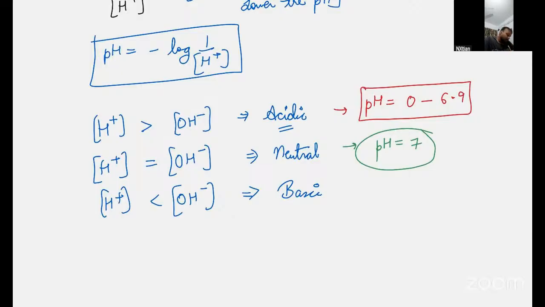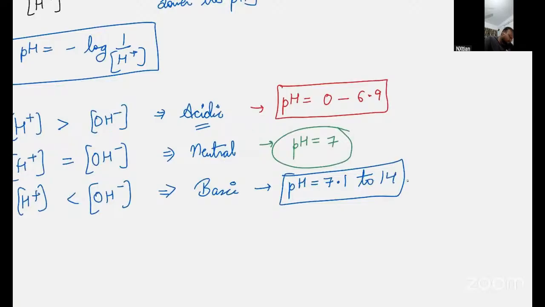In the same way, if I talk about the blue color, pH from 7.1 to 14 is basic. The pH range is from 0 to 14: 7 is neutral, 0 to 6.9 is acidic, 7.1 to 14 is basic.